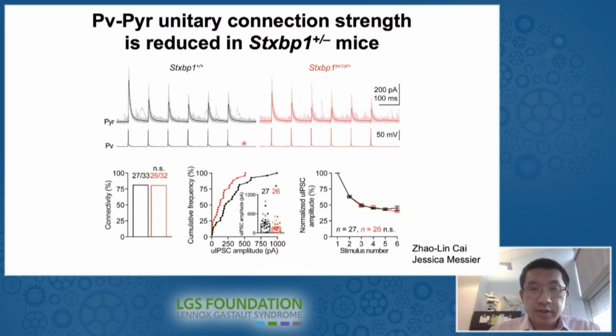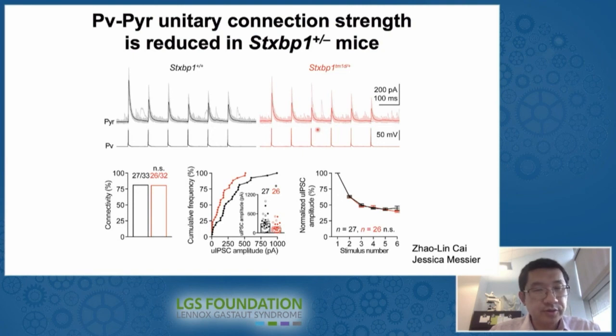When you look at the short-term dynamics of this synapse, by looking at how the synaptic response depressed over these 6 stimuli with a 100 millisecond interval, you can see the depression is quite similar. So overall, the postsynaptic neuron will receive less inhibition from the parvalbumin interneurons.